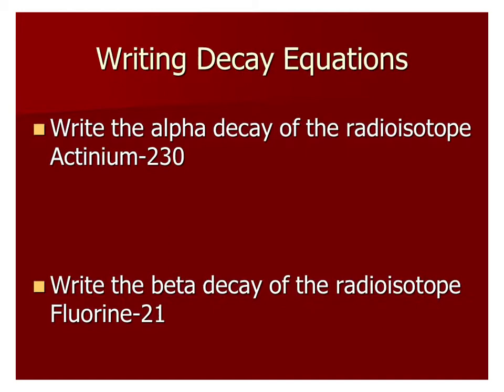Remember, the 230 is the atomic mass, not the atomic number, and the same thing with fluorine, right? So when you're ready, you're going to stop the video, copy the information down, and do the decay equations as requested here. When you are finished and ready, start the video again, and I will give you the answers. So stop when you're ready.